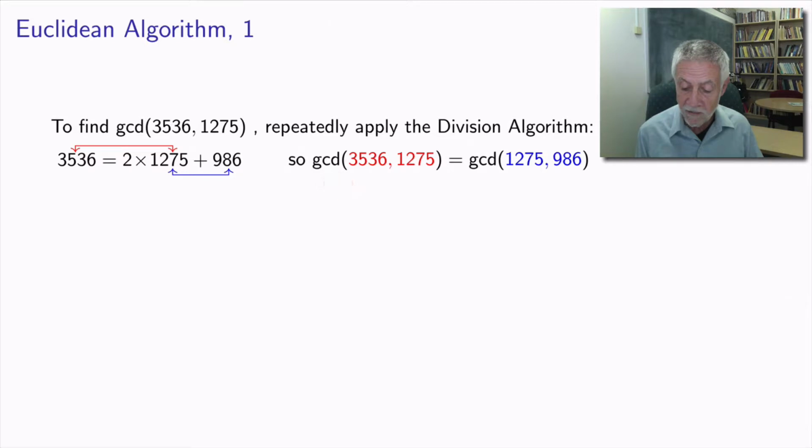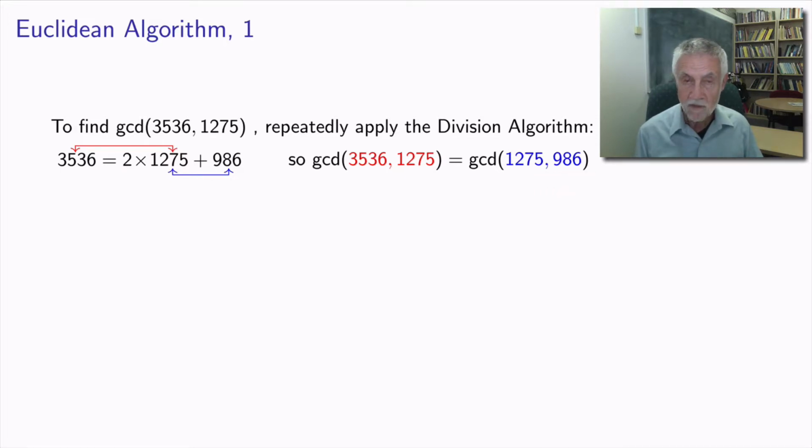In particular, the greatest common divisor of the two pairs is the same. We started with a bigger integer and a smaller one, and found that their greatest common divisor is the same as that of the smaller one and the remainder after we use the smaller one as a divisor.